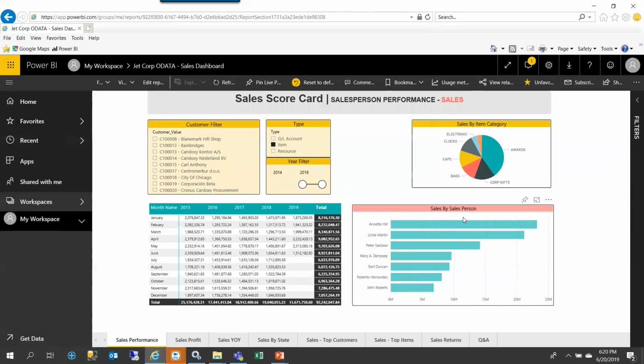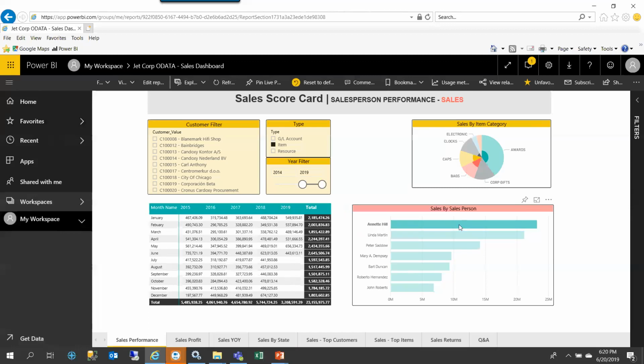Power BI allows the users to actually focus and click on various visuals, such as I'll click on Annette Hill's bar chart area. Notice that the data has now changed, and I'm now getting only Annette Hill sales on the trend analysis.